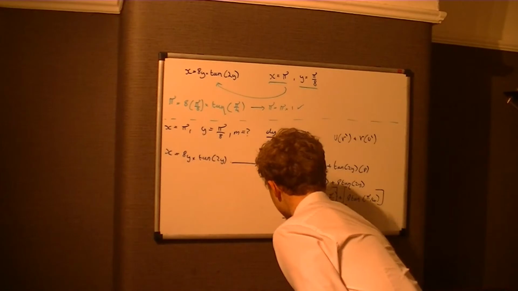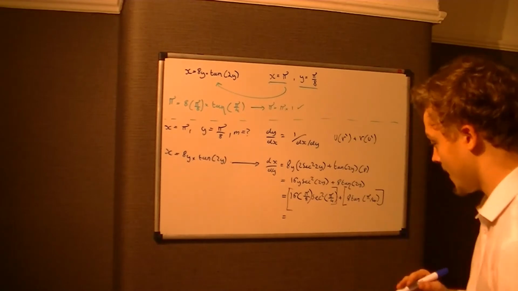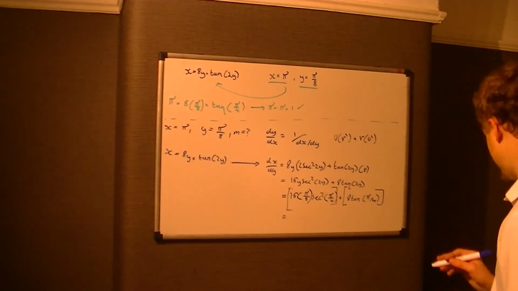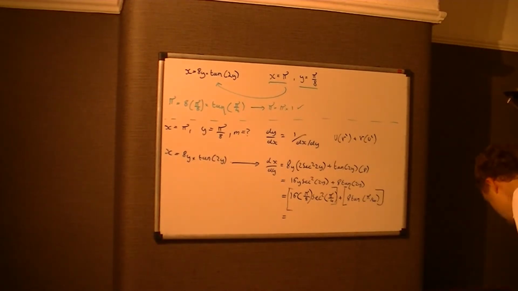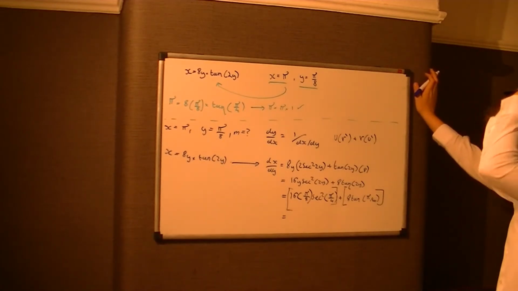So therefore, if we expand this out and simplify it down, 16 times pi on 8 is 2 pi. So that's 2 pi times sec squared pi on 4 plus 8 tan of pi on 4.